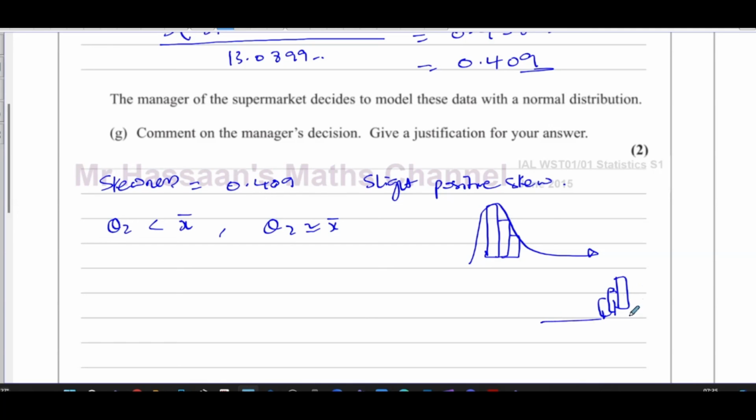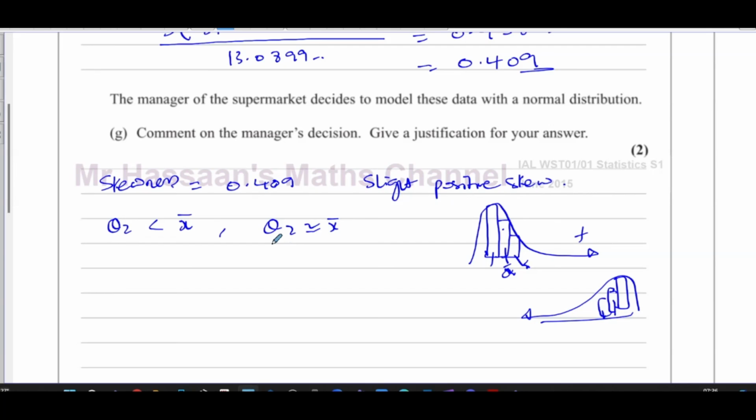So if it's got negative skew, it'll look like this. Here we have positive skew because the median is less than the mean. This is the mean, sorry, and this is the median. The lowest one is always the mean.